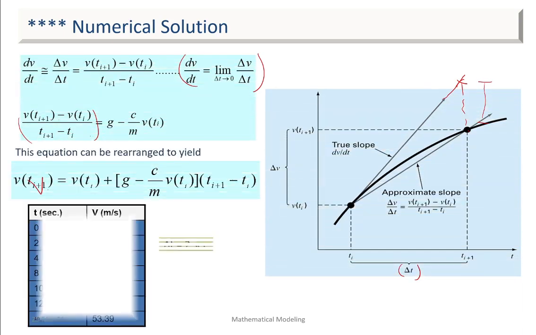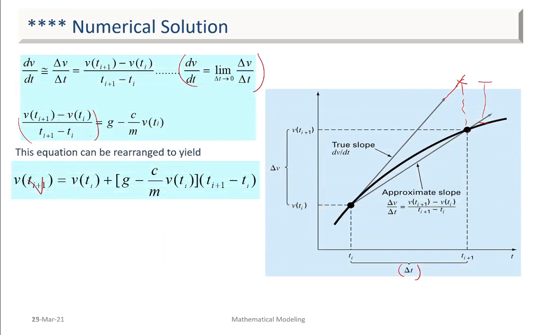Okay. Now I will replace that equation. I will now write here dv by dt is equal to g minus c by m into v of t i. I'll replace this particular part with this part and then I can simplify.